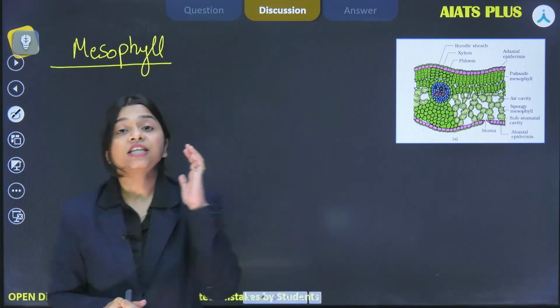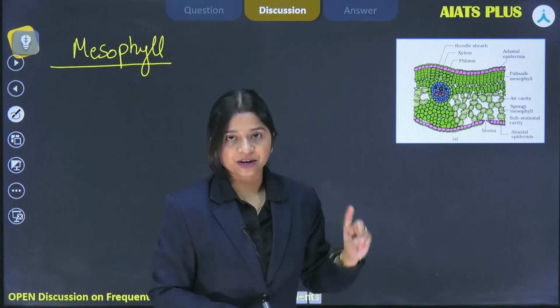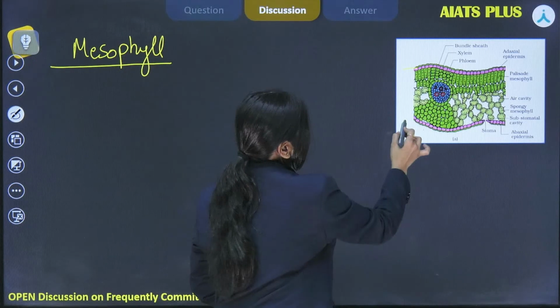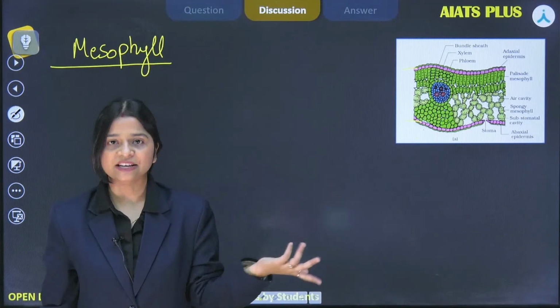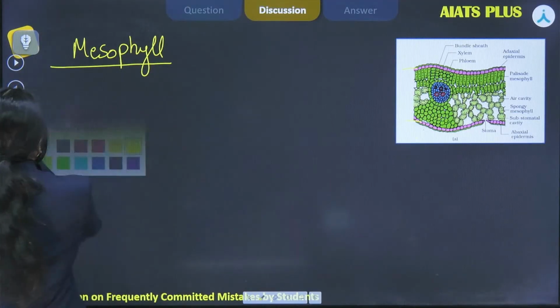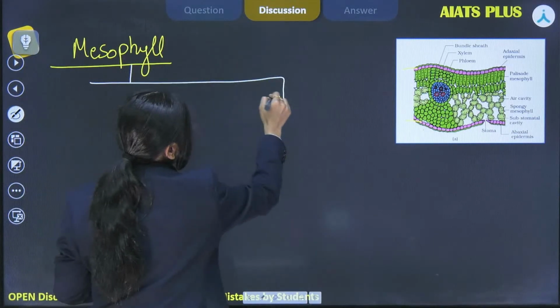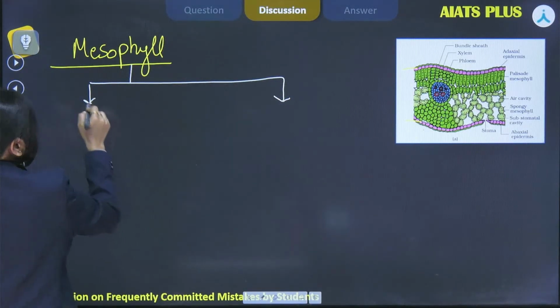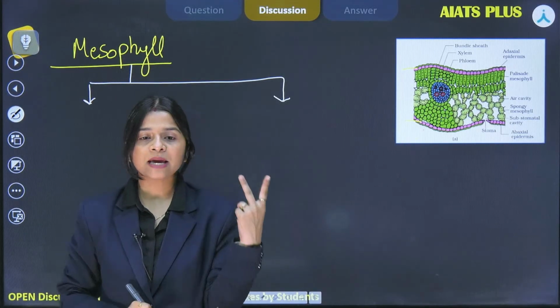That means the tissue present in the middle of the two epidermis. This is the upper epidermis, this is the lower epidermis, and the tissue in the middle is the mesophyll tissue, middle leaf, right? So mesophyll tissue is parenchymatous tissue, and there is the presence of two types of parenchyma.